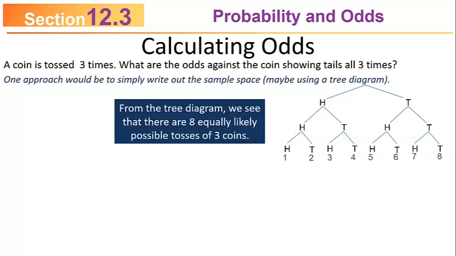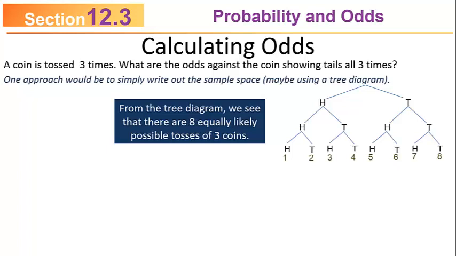You could do head, head, head; head, head, tail; head, tail, head; head, tail, tail; tail, head, head; tail, head, tail; tail, tail, head; and tail, tail, tail. In other words, going down each branch vertically gives you one element of the sample space. So there are 8 members of that sample space.